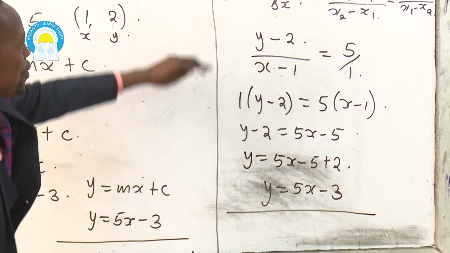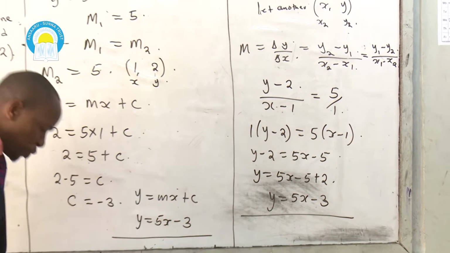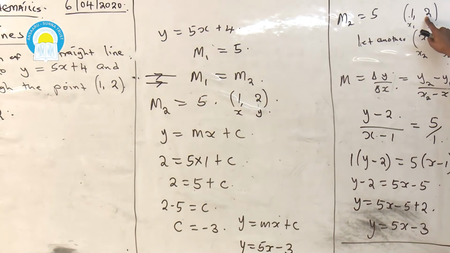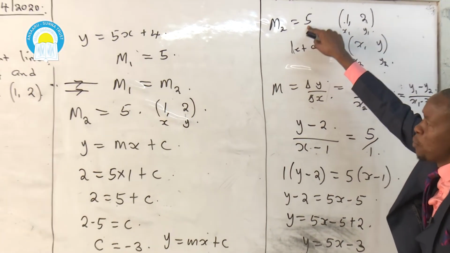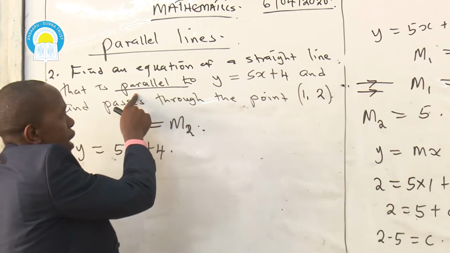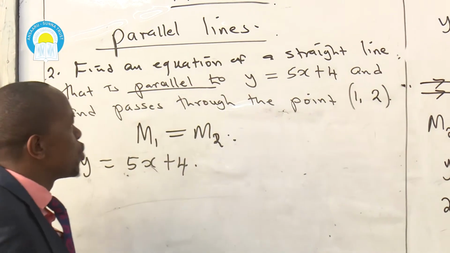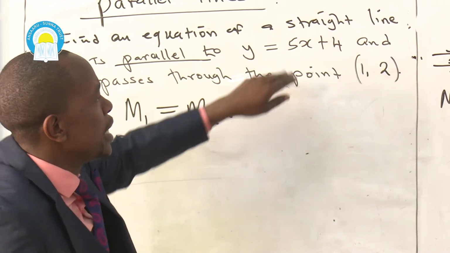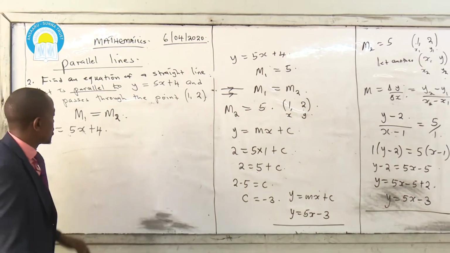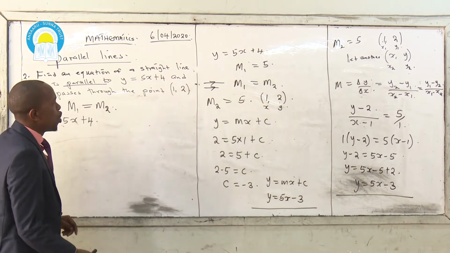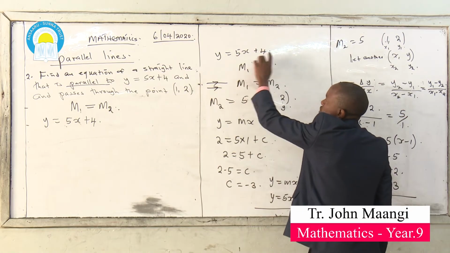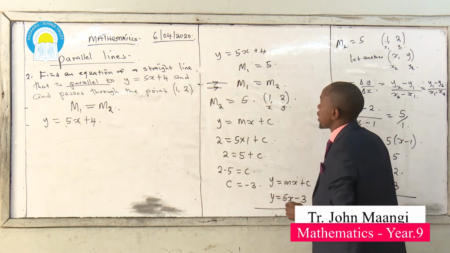Now, this is another method of finding an equation of a straight line once you have the gradient and the point. Remember, we get the gradient from this equation. And they said the equation that we are supposed to find is parallel. Once we talk about parallel lines, it has to occur in your mind that parallel lines have the same gradients. The equation is given and written in the form of y is equal to mx plus c.